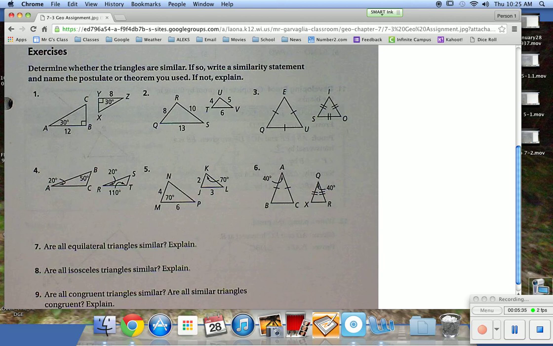That's where you would use it here, the two-angle theorem. I'm not worried about you naming the postulate or theorem, all right? I'm worried about you telling me that these are similar triangles right here. This one here should be fairly easy. We're finding the proportion on each side, and if each of the proportions are equal, we're good to go.